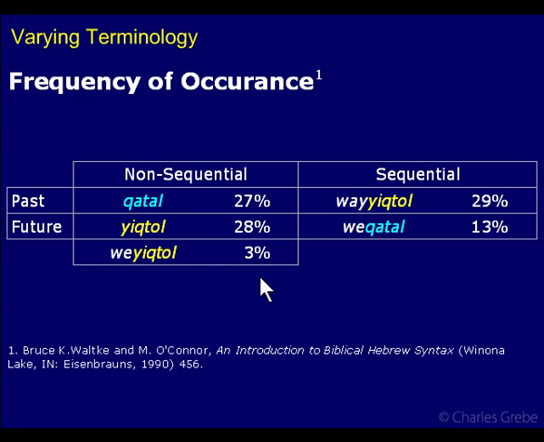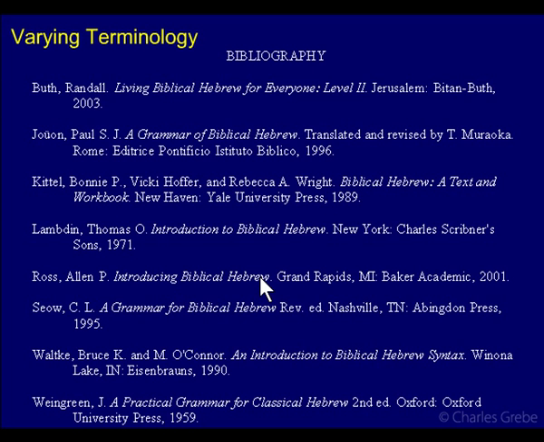Okay, and lastly here I've got the bibliography of the various grammars that I've referred to that use these different terminologies. So let me just go through these briefly. Randall Booth here, this is Living Biblical Hebrew for Everyone, Level 2. You can do a search for this on the web and find his website where he's selling his book. He is approaching things a little differently than everyone else on this page.